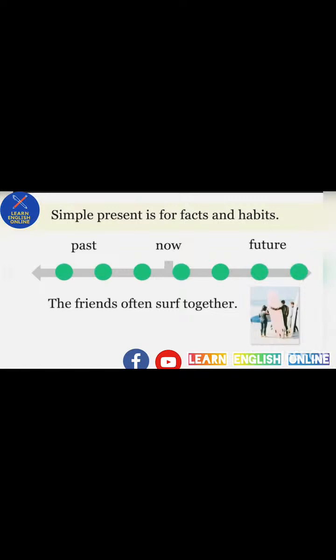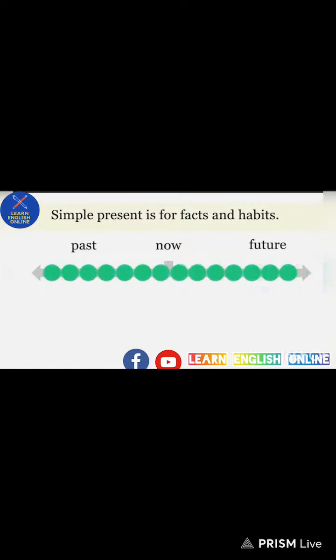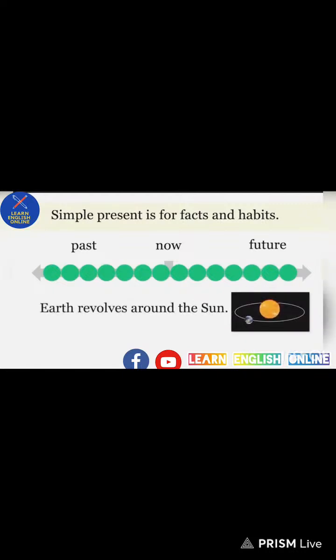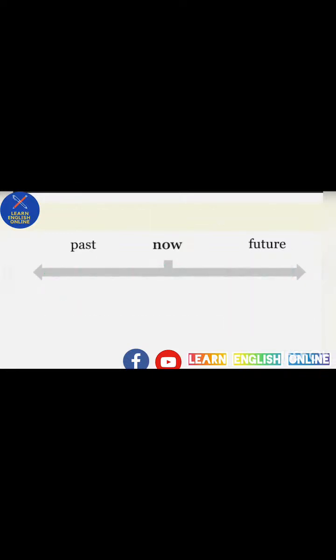The friends often surf together. Bees make honey. Earth revolves around the sun. All of these are examples of the simple present. Progressive is for now.